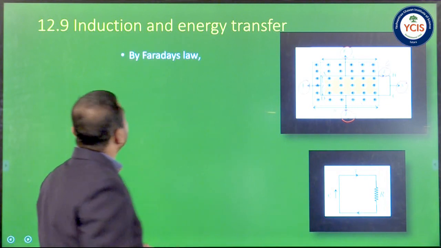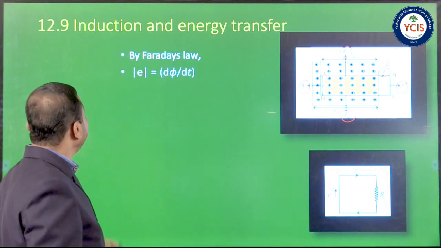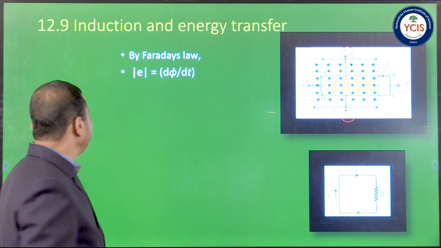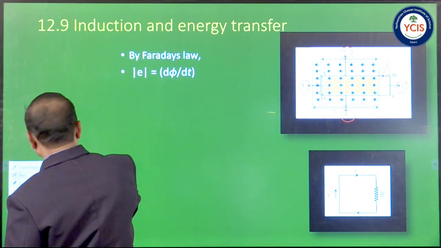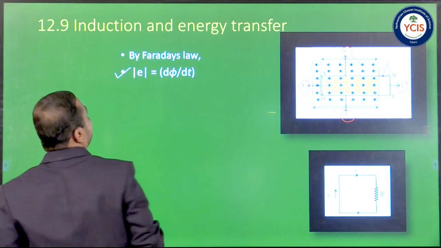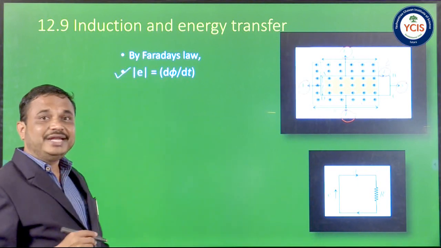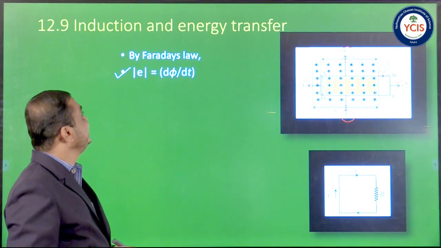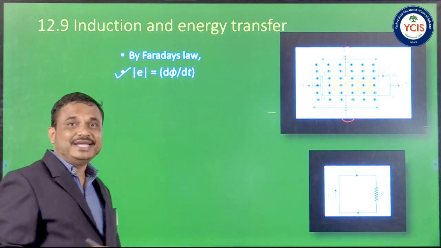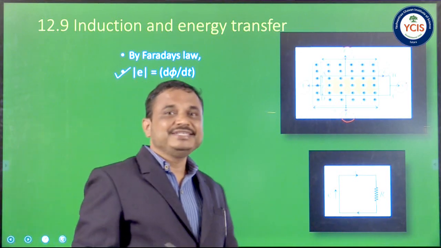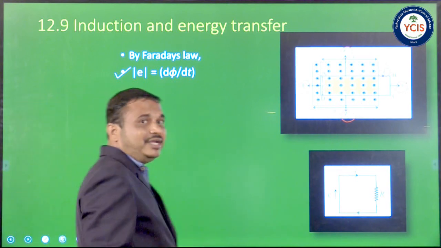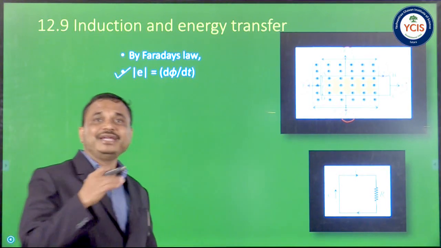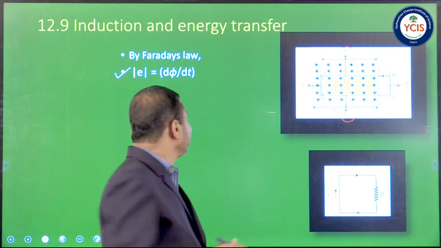By Faraday's law, the induced EMF is given by the magnitude of E equal to dΦ/dt, where Φ is the magnetic flux and dΦ/dt is the rate of change of magnetic flux. We know the definition of flux, that is the magnetic field times area.